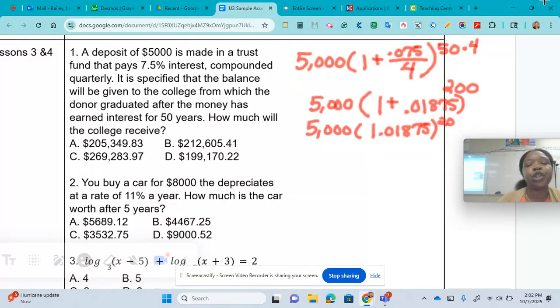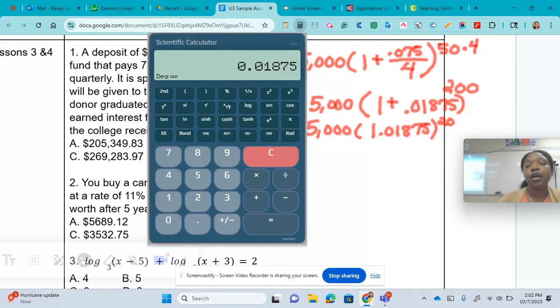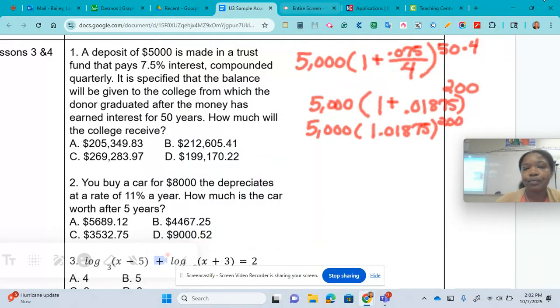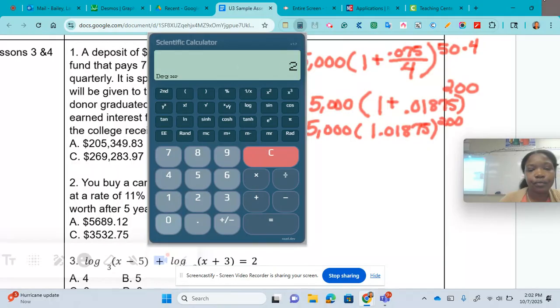Order of operations says we do exponents first, so we raise it to the 200 power. Now that we raised it to the 200 power, we need to multiply it by the 5,000.